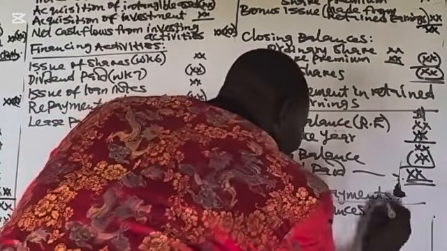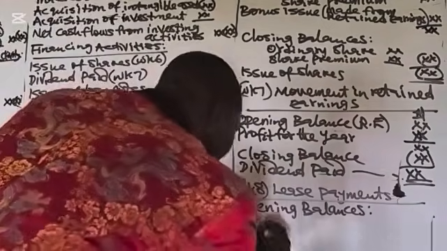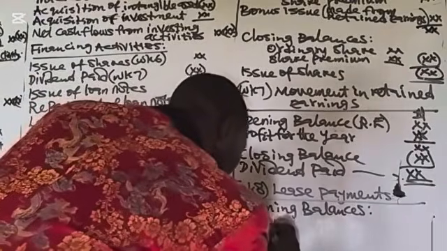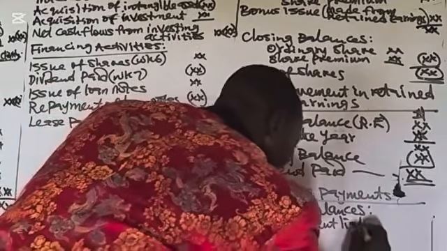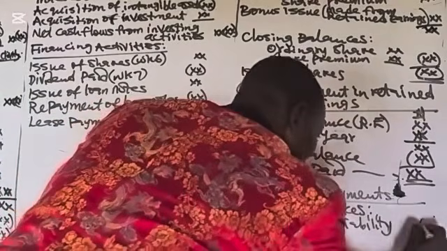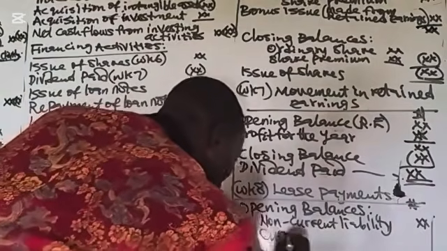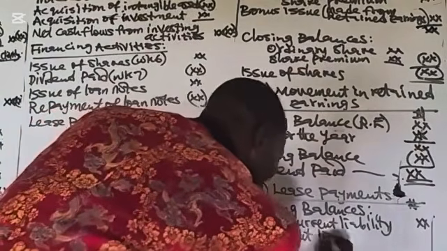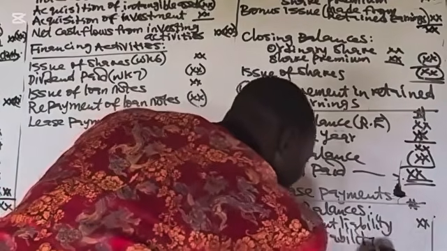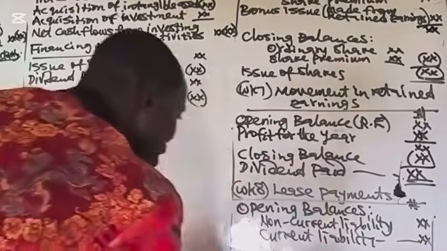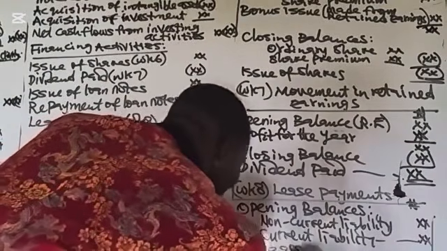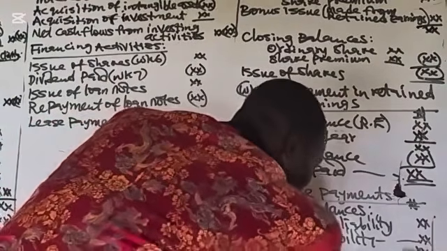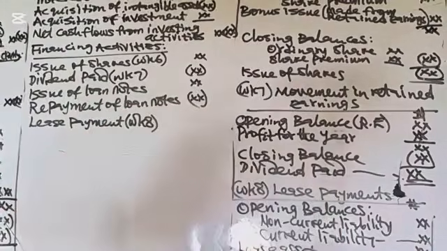In respect of the lease, you may have one under non-current liability; the opening balance could be there in the opening statement of financial position. You may also have another one under current liability, it may appear as lease obligation. Then lease asset or right of use asset. You add this. You have this as the total.